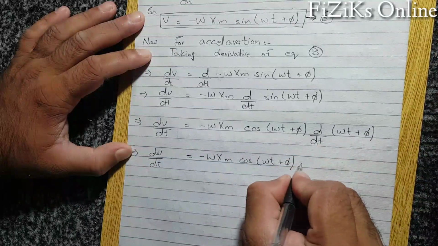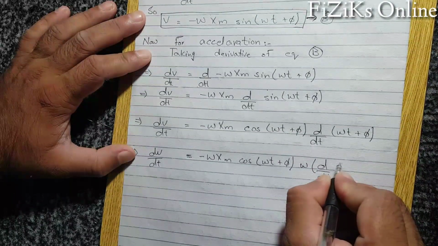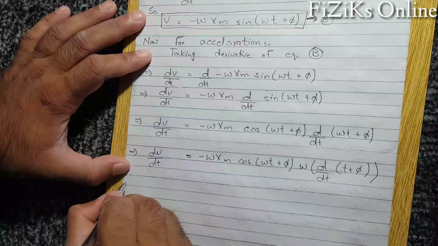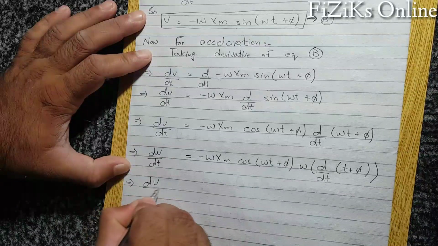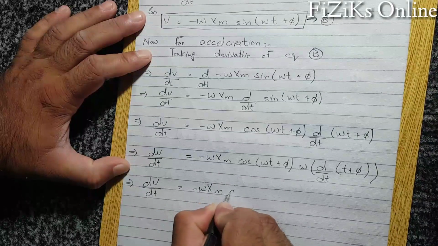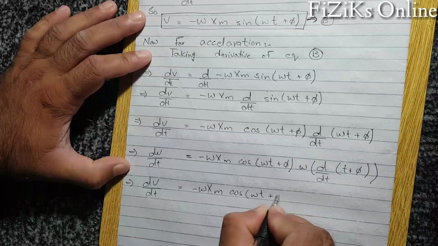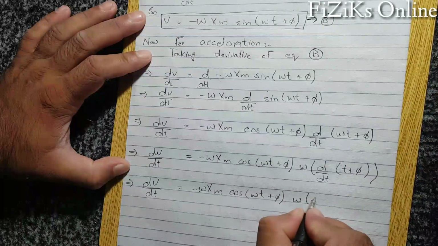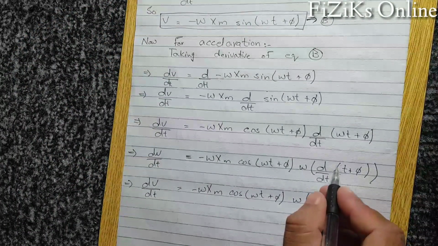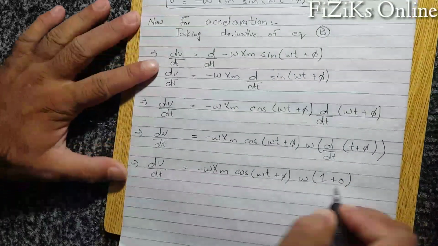Here omega is constant, so this gives omega times (1 plus 0): differentiating t with respect to t gives 1, and phi with respect to t gives 0.